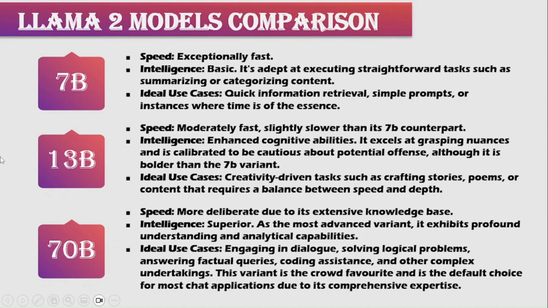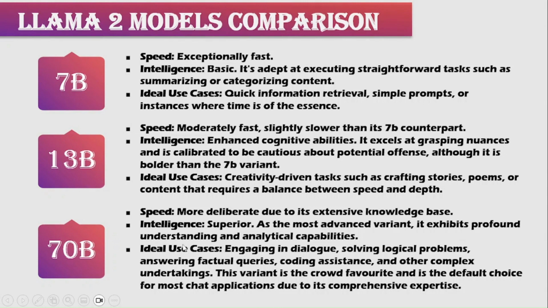And if you talk about the 70 billion parameters, speed is more deliberate. That means it's slower than the others, and due to its extensive knowledge base, it is slower. In case of intelligence, it's superior, the most advanced variant. It exhibits profound understanding and analytical capabilities. So if you want to do some analysis work, then you can use this 70 billion parameter model.